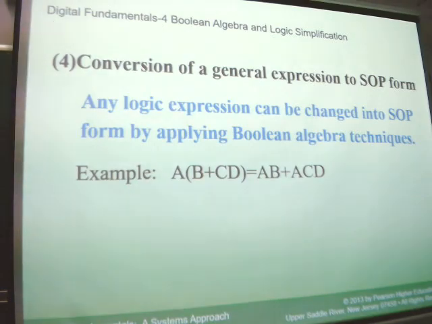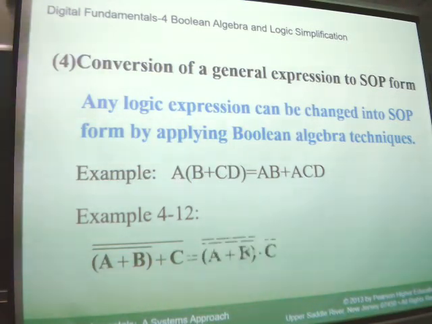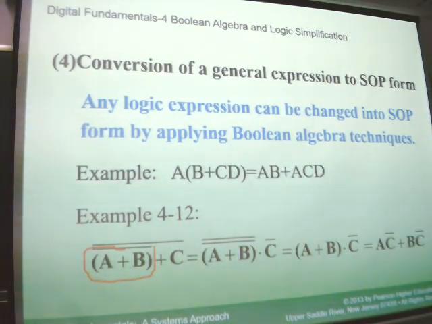Use the distributive law and the De Morgan's theorem.